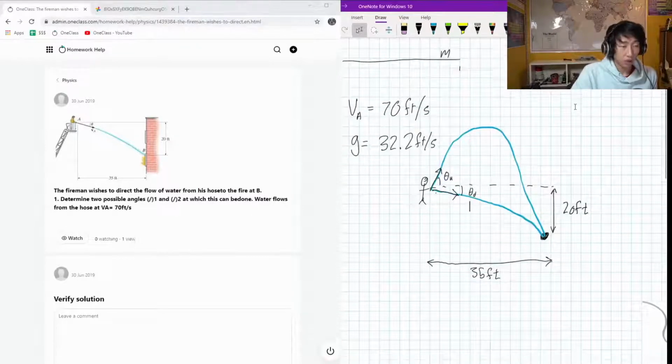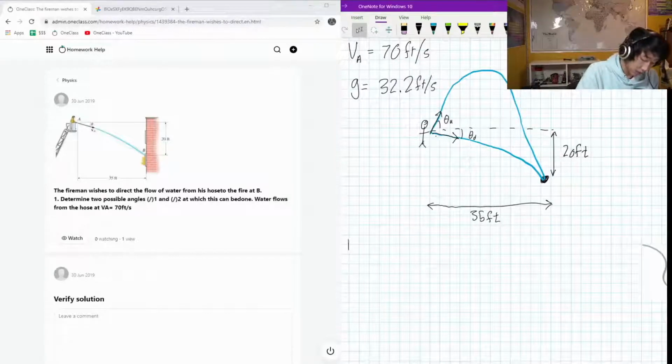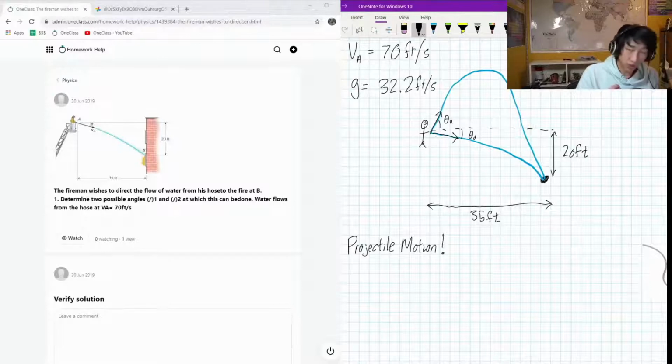Okay, cool. So let's proceed by thinking about what's going on here. This stream of water is going to follow a projectile motion type of situation. So here's the key: projectile. This is what we want to keep in mind. What are some key aspects about projectile motion that we need to keep in mind? We know that the horizontal component of velocity is constant.